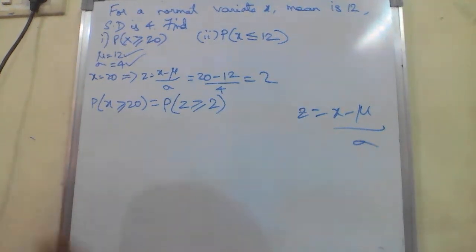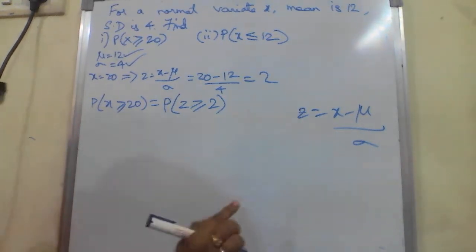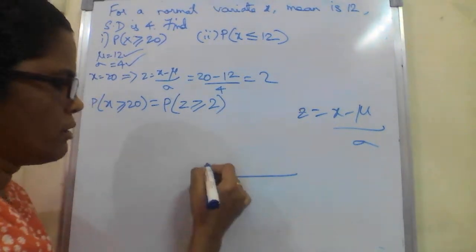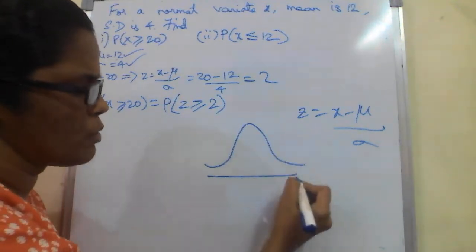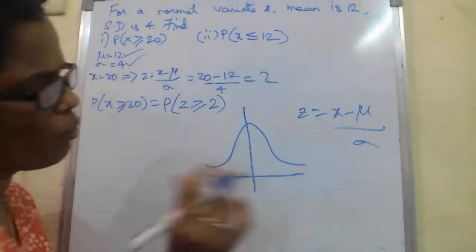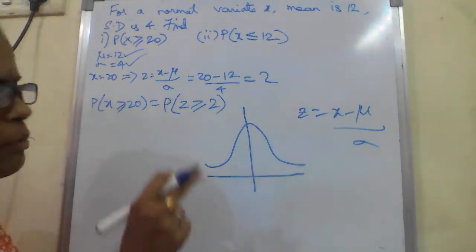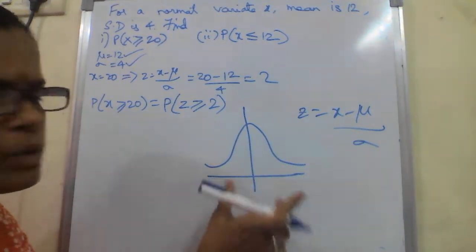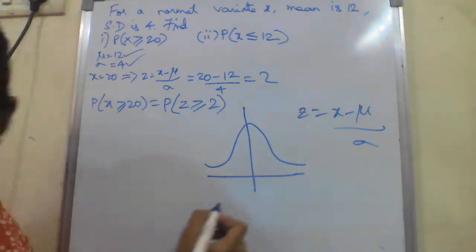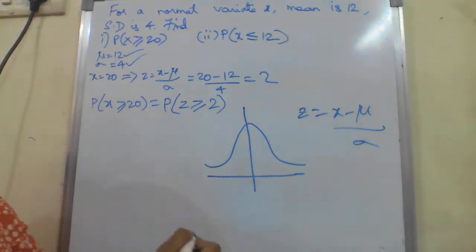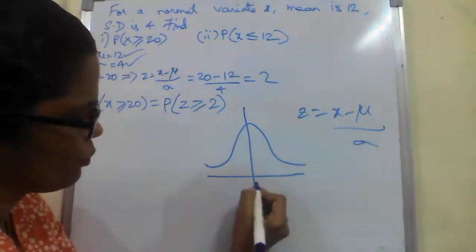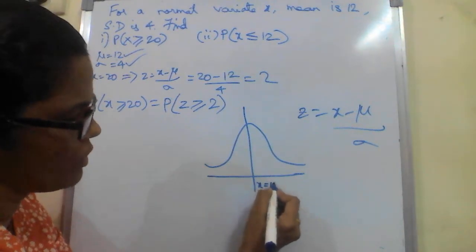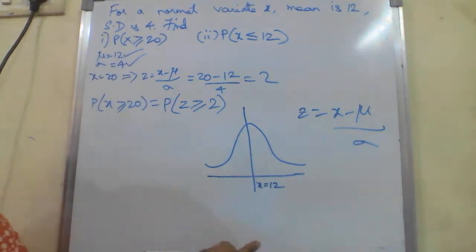See, for this normal distribution probability, it is compulsory that you use a figure. You have to draw this normal distribution curve, and whatever you require, you have to mark in this figure. Without the figure you can't do the problem. Actually this is at x equal to mu. Here we got x equal to 12.